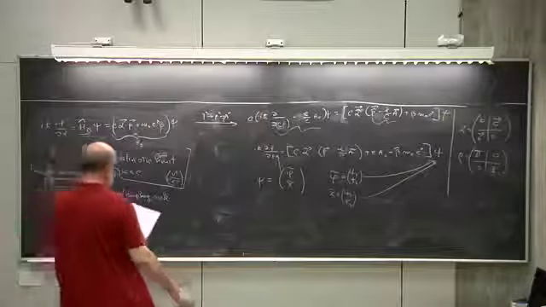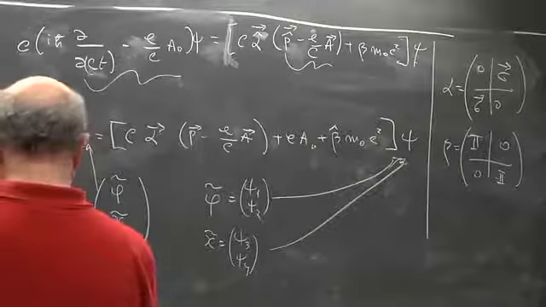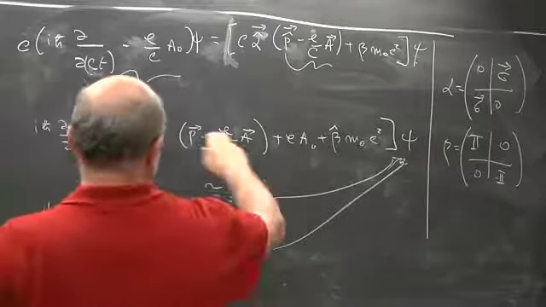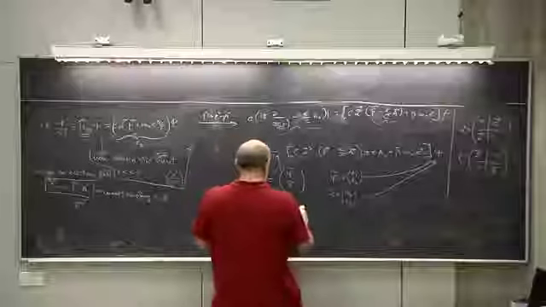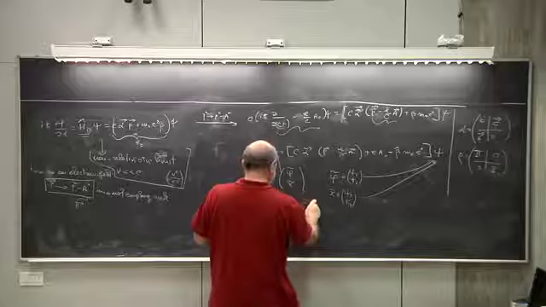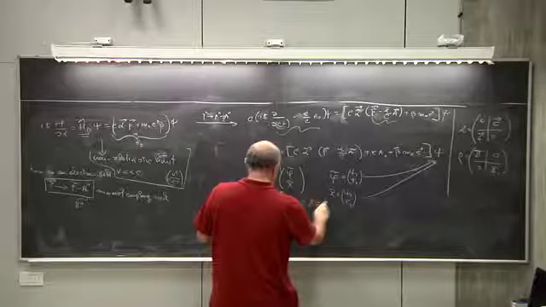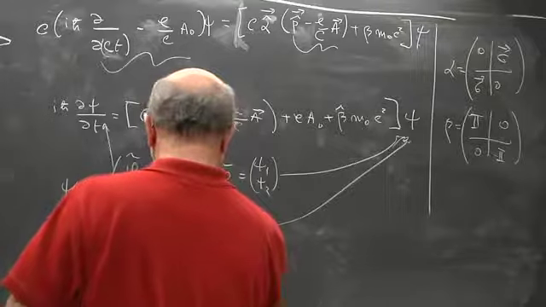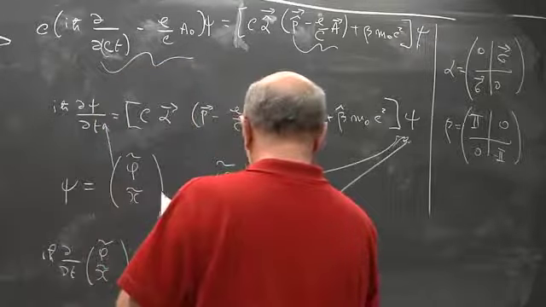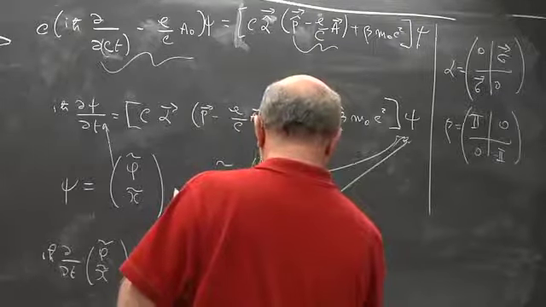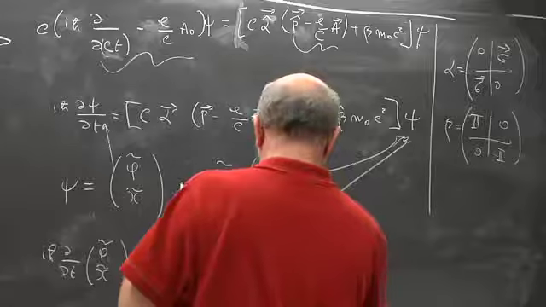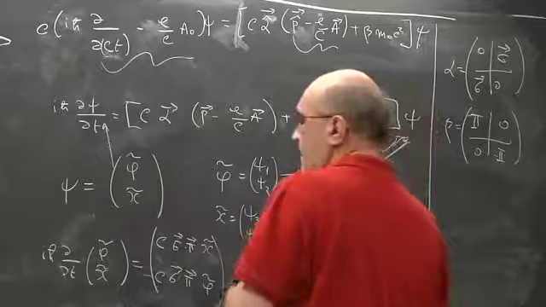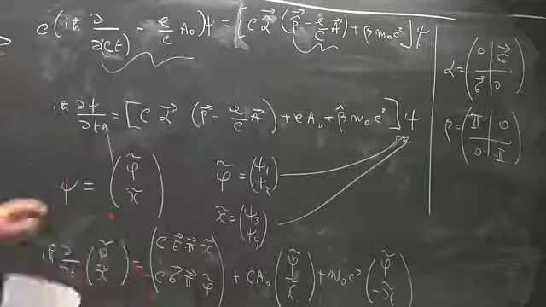Let's remember these things, and we get the following equation. iħ ∂/∂t of (φ tilde, χ tilde) equals, now let's put in explicitly the form of the c, we get cσ·π χ tilde, cσ·π φ tilde, this is a 2 by 2 thing, plus eA0 (φ tilde, χ tilde) plus m0c² (φ tilde, minus χ tilde).